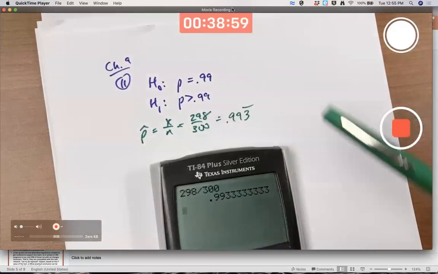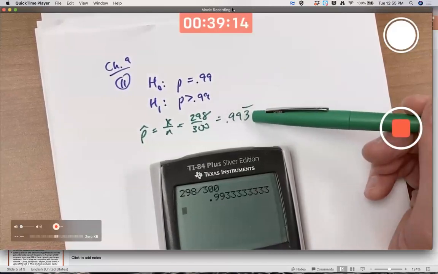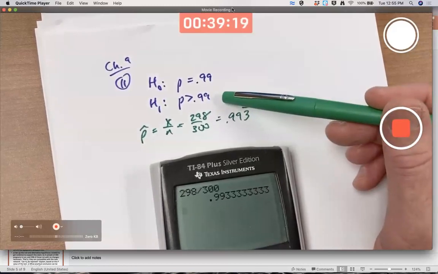Is that a statistically significant value for this right-tailed test? Is it extreme enough to reject the null? It might seem like it's not. It probably is not, but what would be an extreme value? 0.999? Is that extreme enough? It's still relatively close to 0.99.